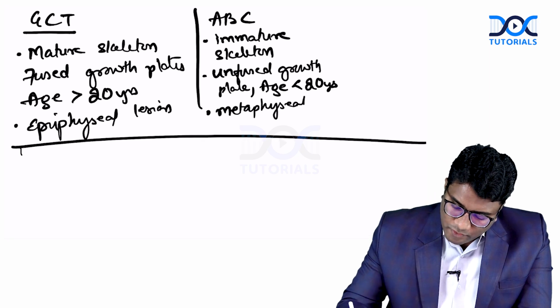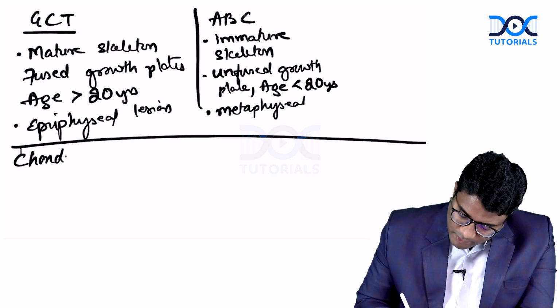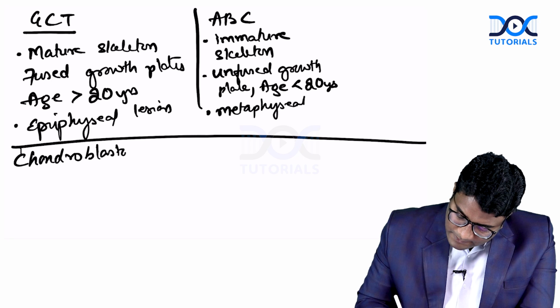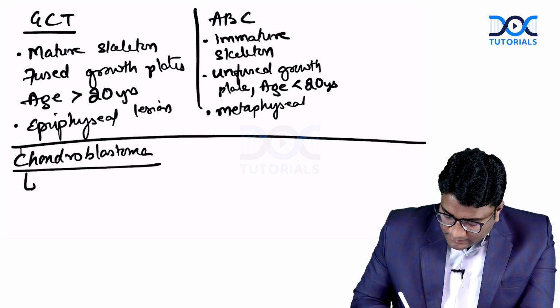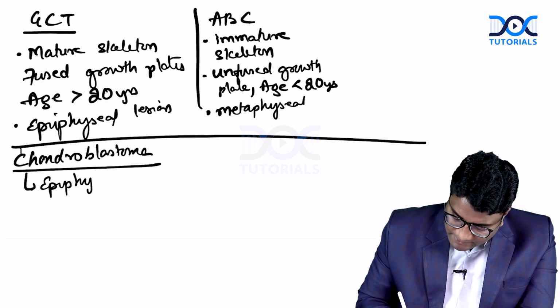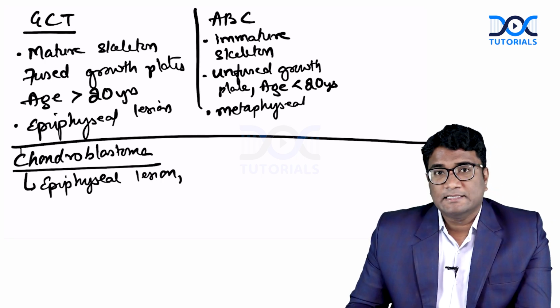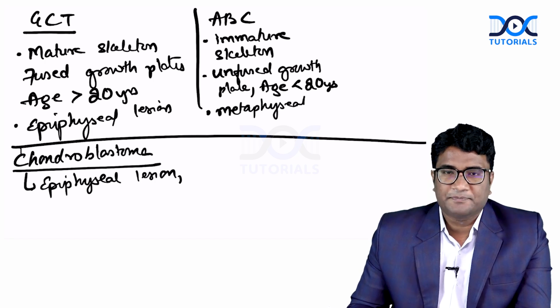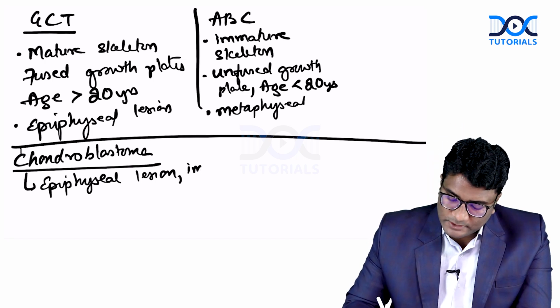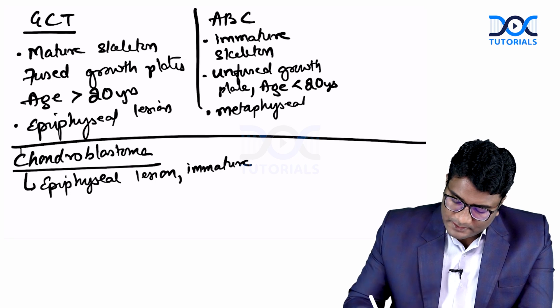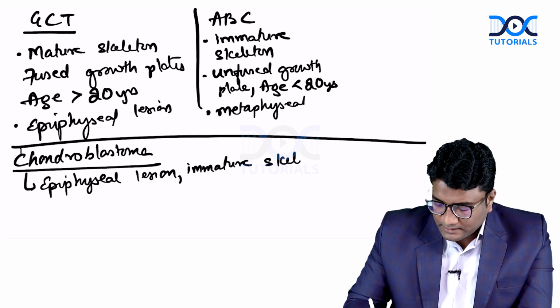And what about chondroblastoma? What are the points that you need to remember about chondroblastoma? Chondroblastoma is also an epiphyseal lesion, same as GCT. But this occurs in an immature skeleton. An epiphyseal lesion in a mature skeleton is GCT. An epiphyseal lesion in an immature skeleton is generally chondroblastoma.